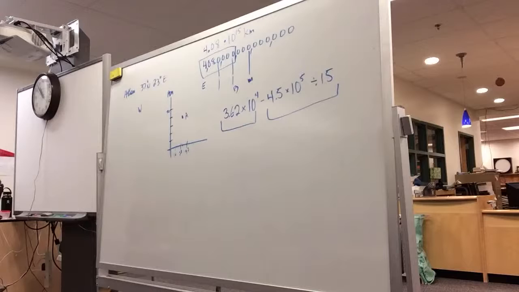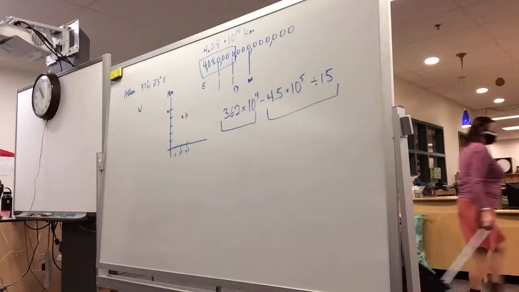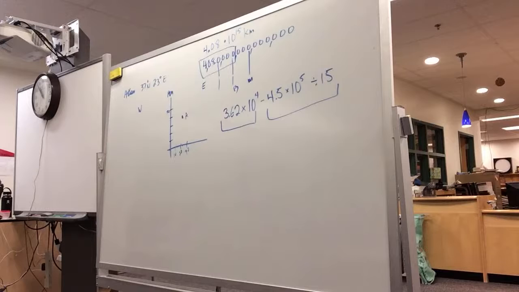I got negative 500. I got negative 53,000. Negative 52,000. I really don't know. Dang it. Okay. I did it in a power.